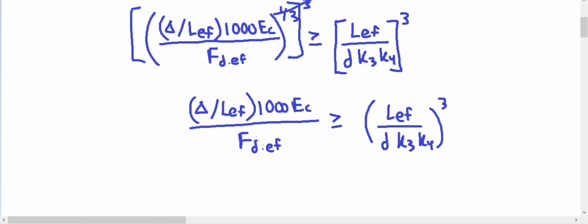Okay, and there's several different options for getting delta by itself, but we can do one step at a time. It's currently being divided by F sub D dot EF, so we just need to multiply by that. And while we're at it, we notice that we can divide by these two factors to cancel them out.